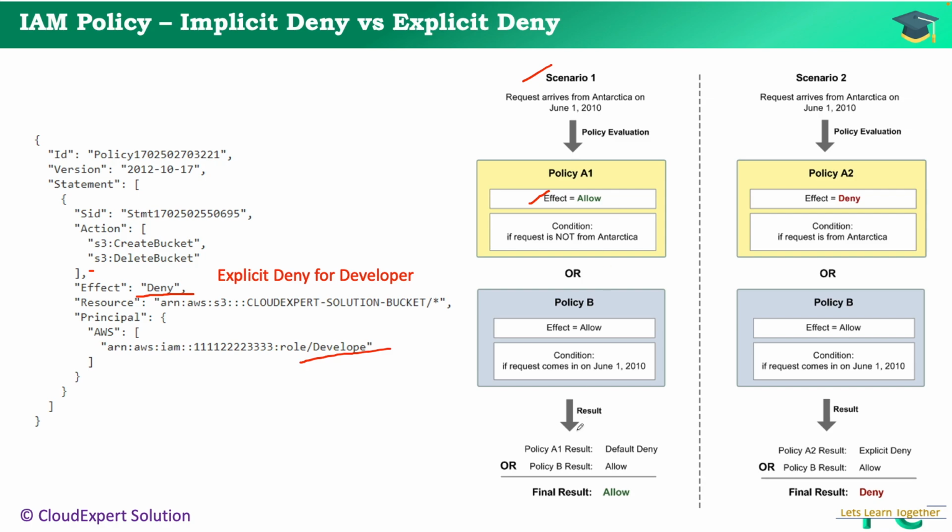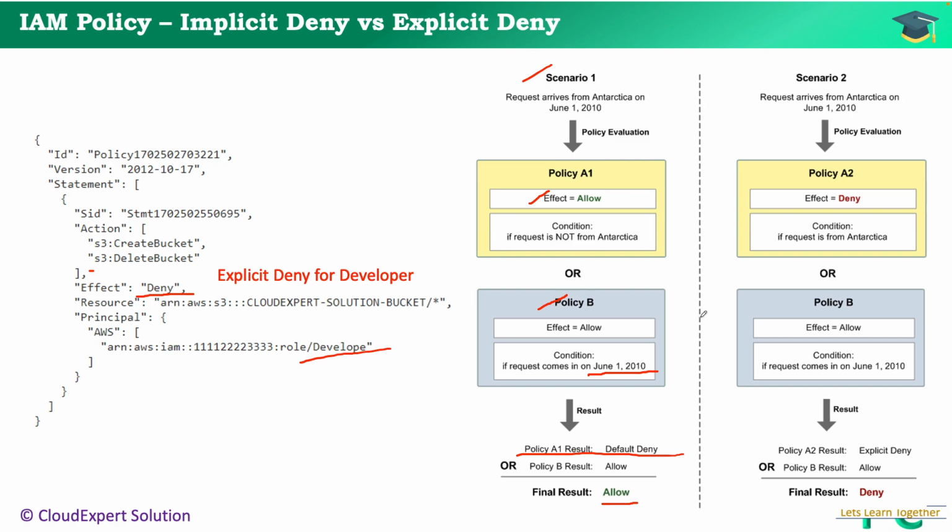If the request is coming from Antarctica on June 1, 2020, then as per policy A1, it is default deny. Going to policy B, the second policy, again the effect is allow, and the condition is if the request comes in on June 1, 2020. In that case, policy B is explicitly allowing. Since there is no explicit deny, the final result will be allow.